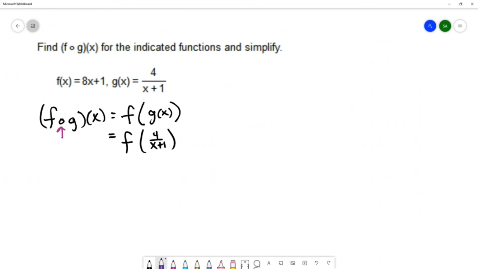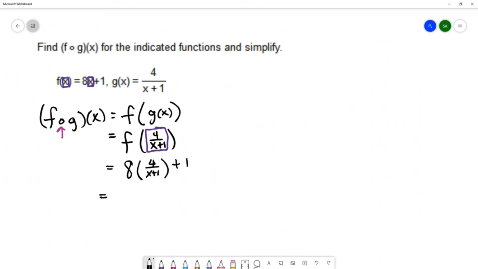When we substitute it in for f, we put it in place of the variable, because what's inside the parentheses is our placeholder. So we're going to put in place of that x, 4 over x plus 1. That's going to give 8 times 4 over x plus 1, plus 1.